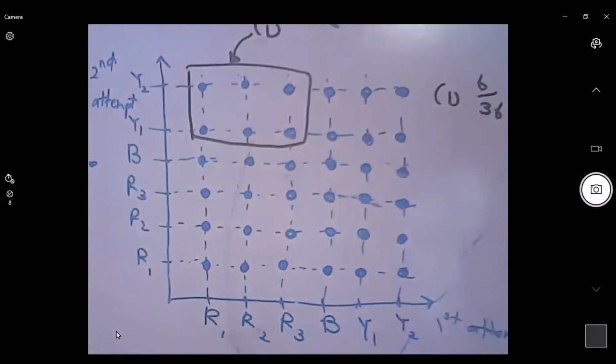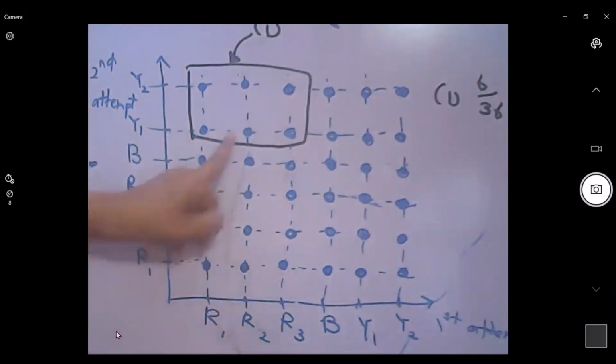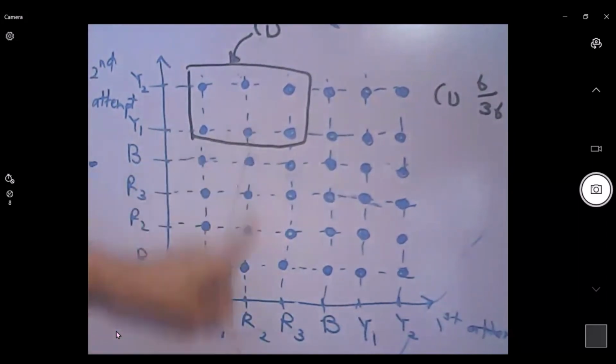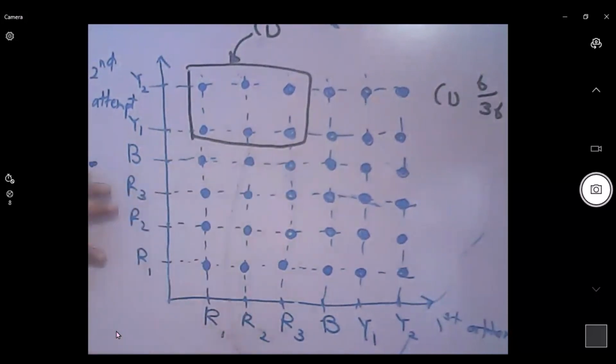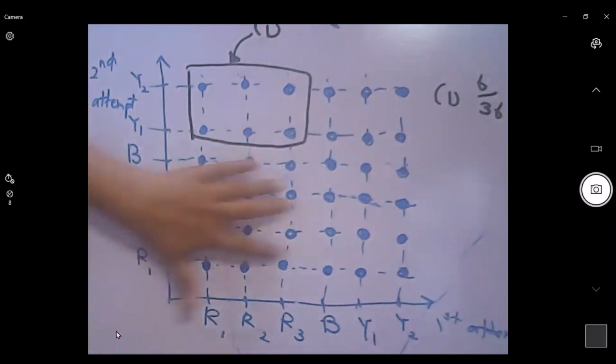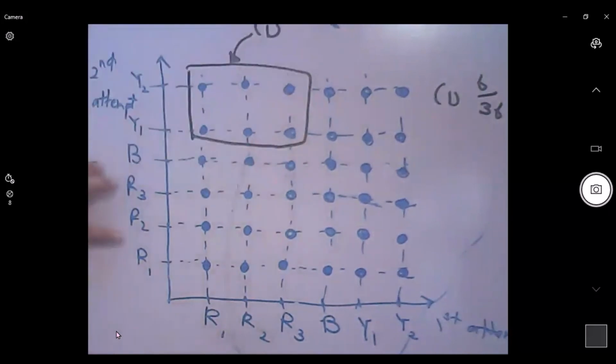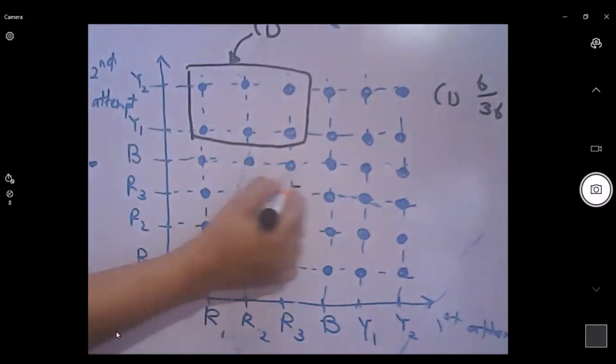Now the next one, both are red. Here the first one is red, and here the second one is red. First red, second red. Both red means this area.